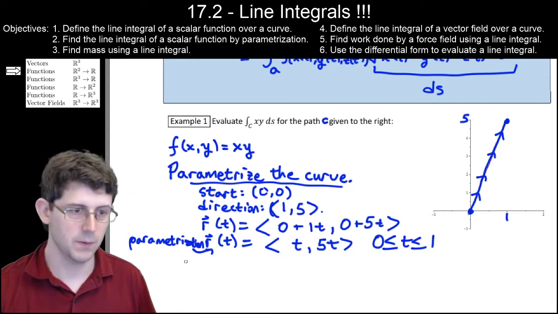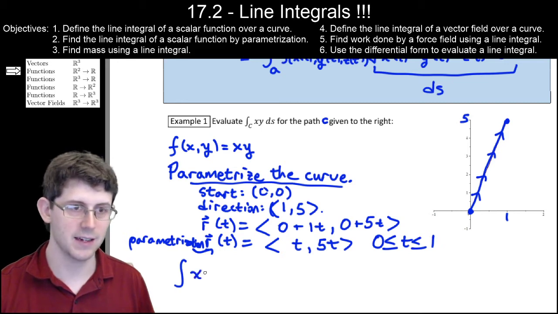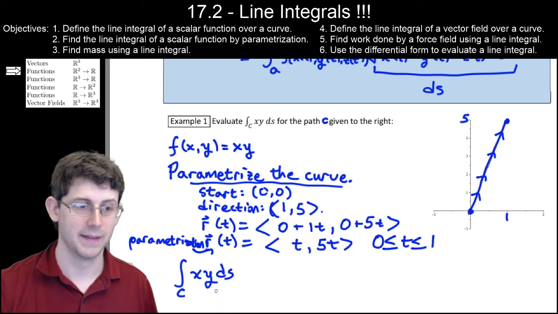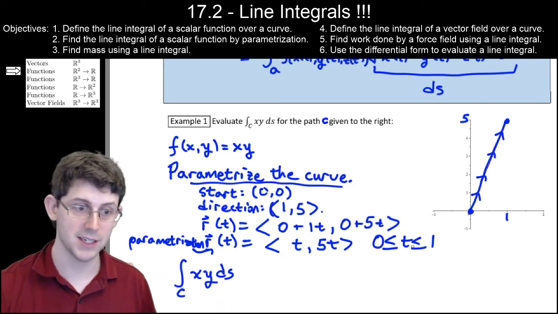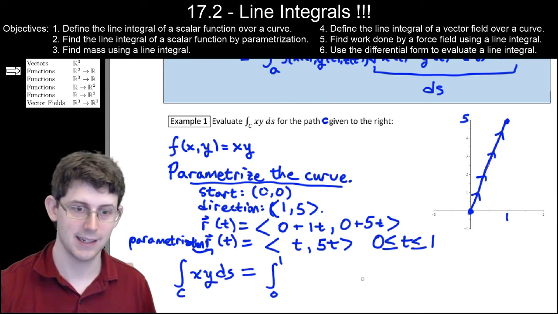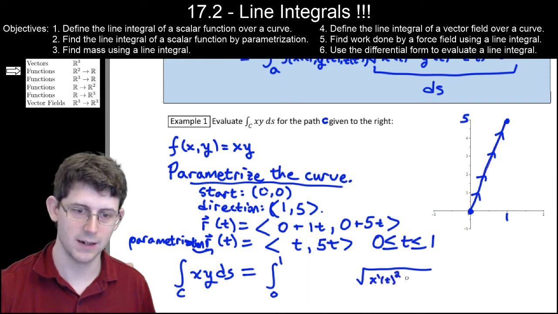Why is that good? Well, I want to find the integral of xy ds over this curve C. And the trick is, now that I have a parameterization, I can just use it everywhere. My integral will now be a t integral, with t going from 0 to 1. ds is square root of x prime of t squared plus y prime of t squared dt.